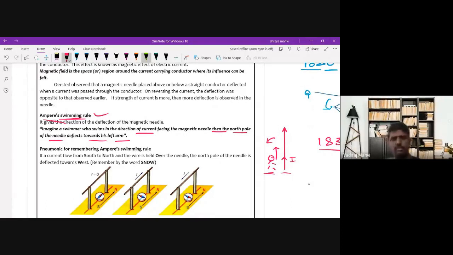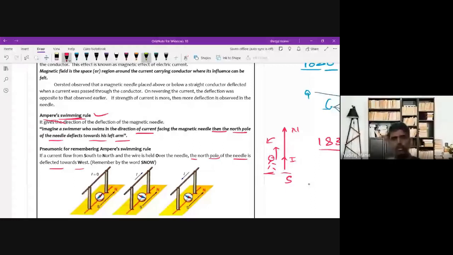So how do I remember in terms of a mnemonic? If a current flows from south to north, here you can observe it is flowing from south to north, and the wire is held over the needle, this wire is kept above the magnetic needle, the north pole of the needle is deflected towards the west. So you can remember this one in terms of SNOW.